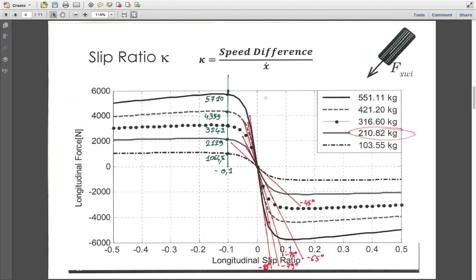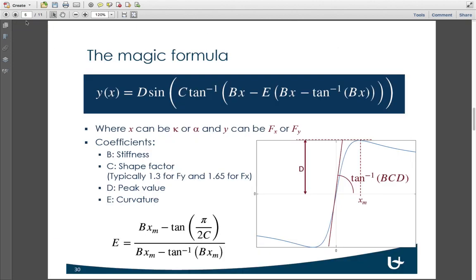Now you can wonder how you will implement this information in a relationship between the mass and these values. For instance, if we take a look at the formula, we see that the easiest value to determine is the D value. The D value is purely determined by the peak value of the graphs.